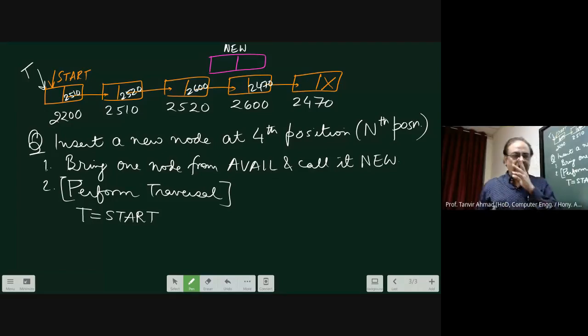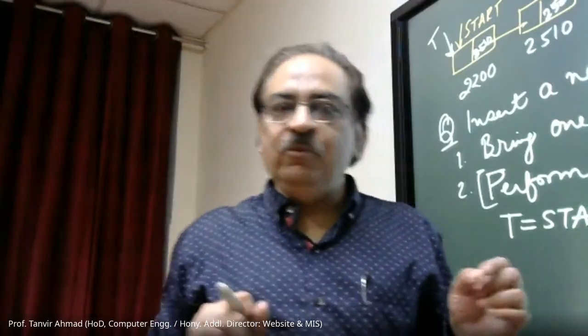If I say that insert a new node after say A or after B, then it is insert. Now it depends what type of data you are having. If the data is say integer, you don't need to do that. But I am doing it position wise.